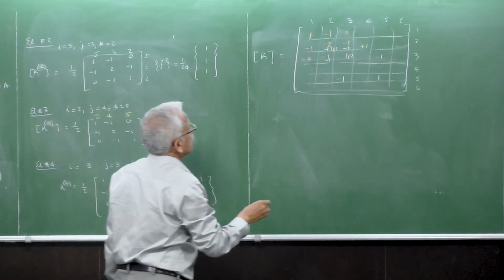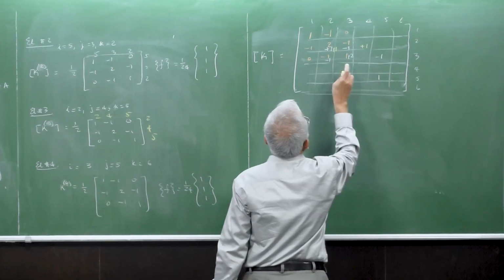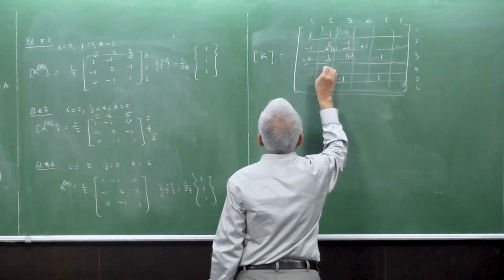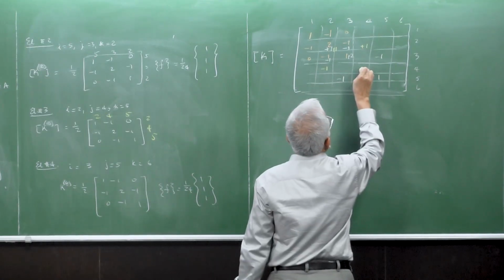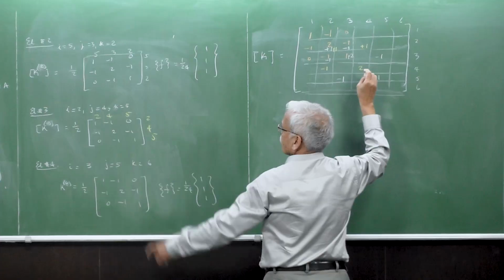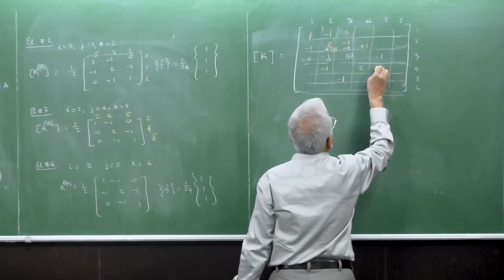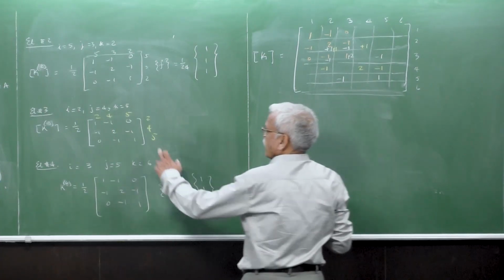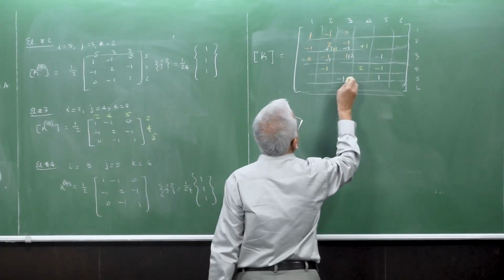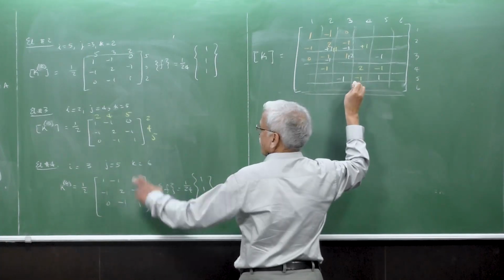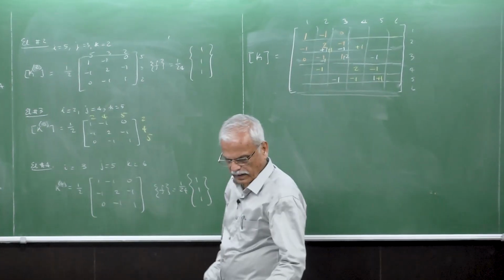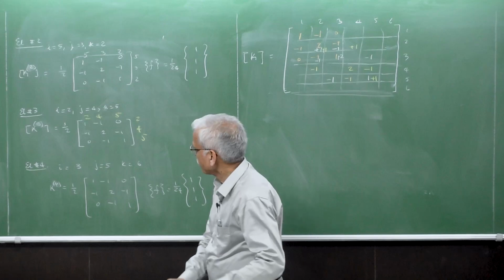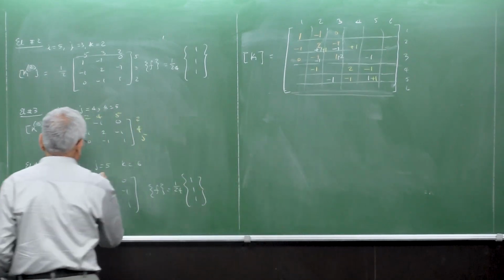And 4, 2 has minus 1, and 4, 4 is plus 2, and 4, 5 is minus 1. And then you have 5, 4 is minus 1, and 5, 5 is plus 1.